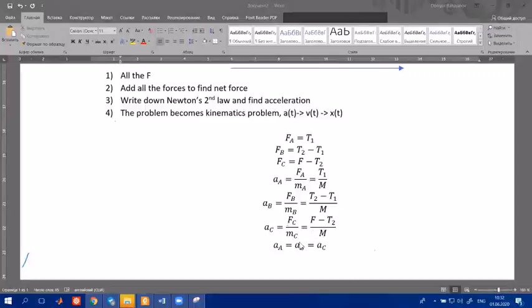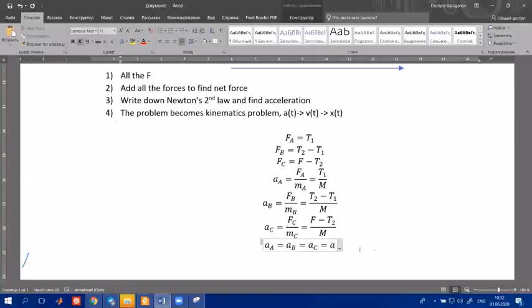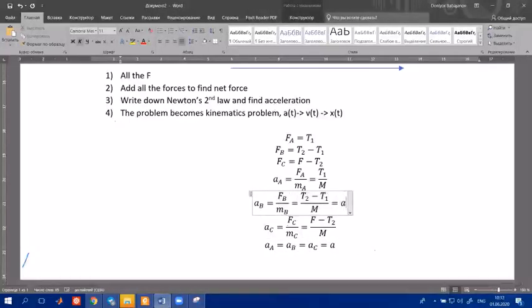Let's use this fact. And also let's note them as a because all of them are the same. So all of them are equal to a.